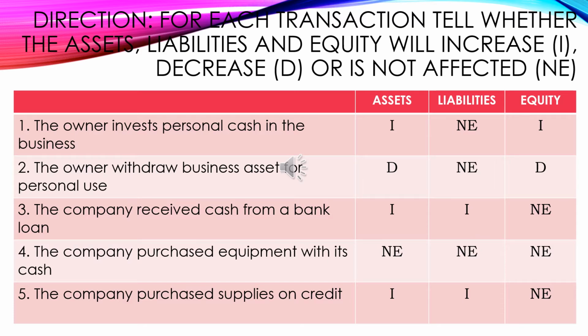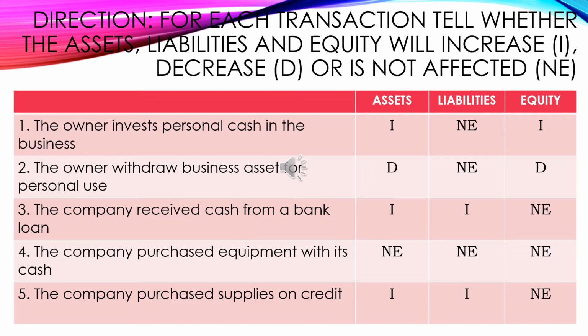So yung transaction number 4 will have no effect on the liabilities and the equity. At the same time, we will consider it as an increase and a corresponding decrease in the asset or no increase at all.